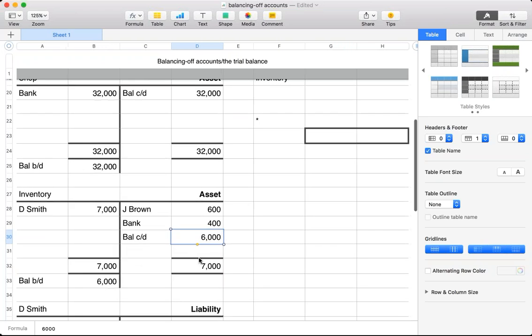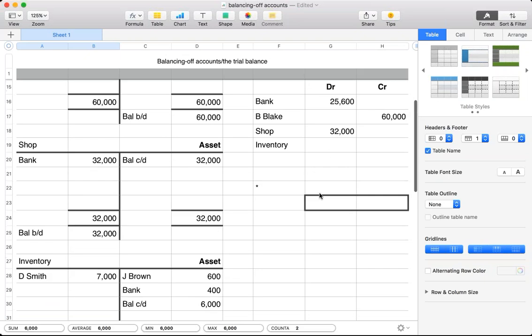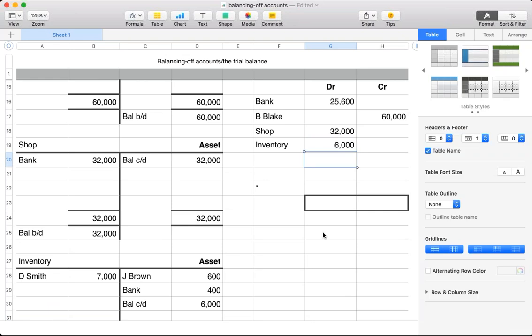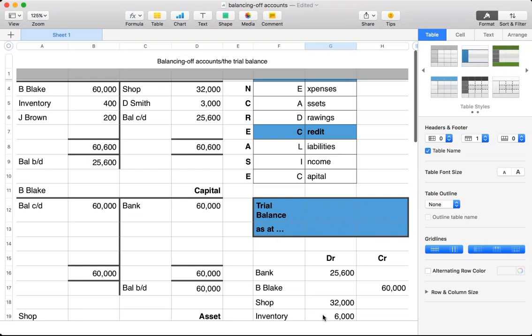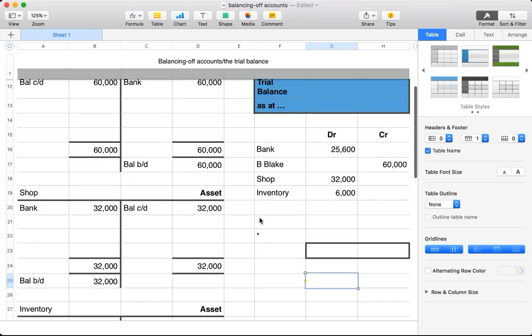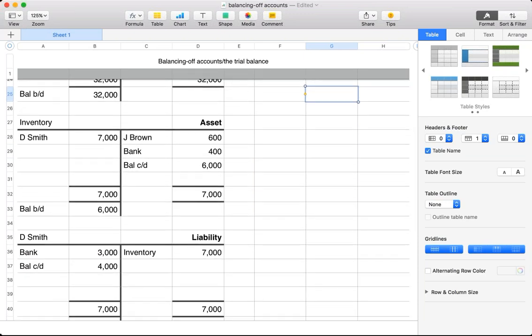As you can see, that follows, so we've brought down a debit balance of £6,000 for inventory. Then we move back up to our trial balance and say equals 6,000 in there. Once again, following the debit-credit logic, inventory is an asset account, and asset is a debit, so that again follows.